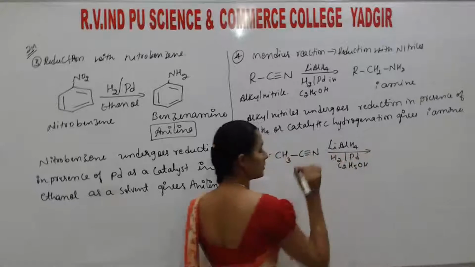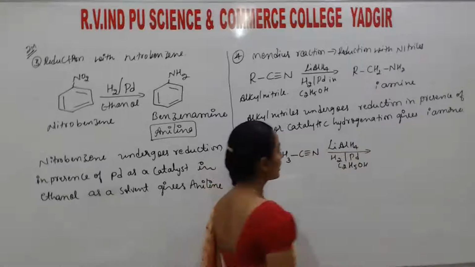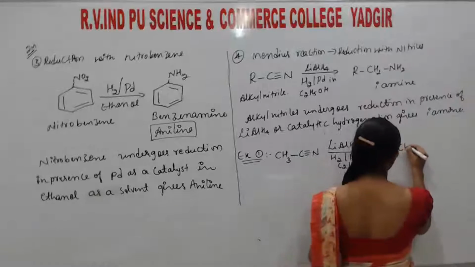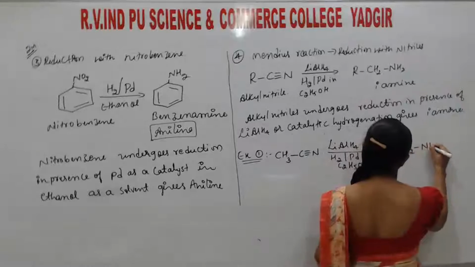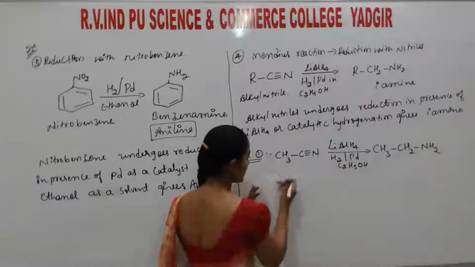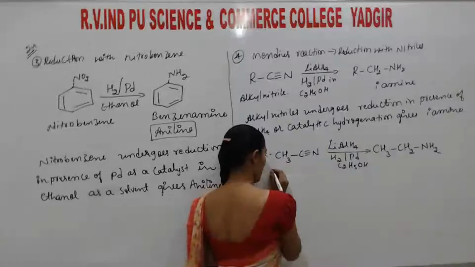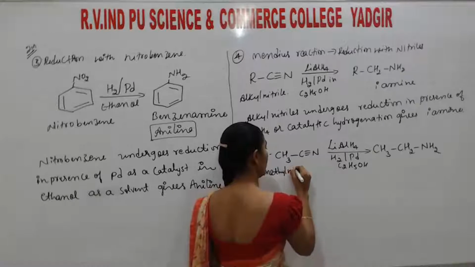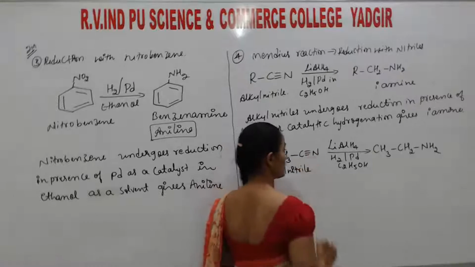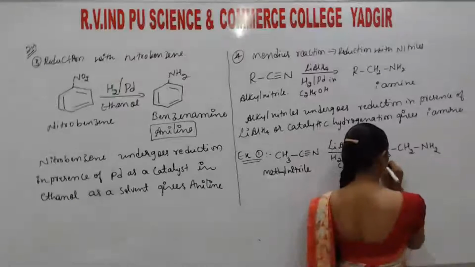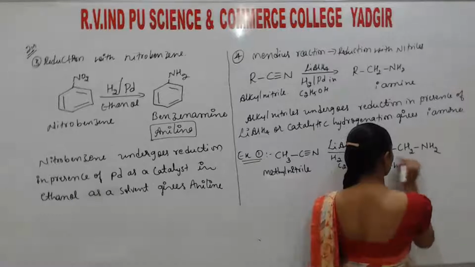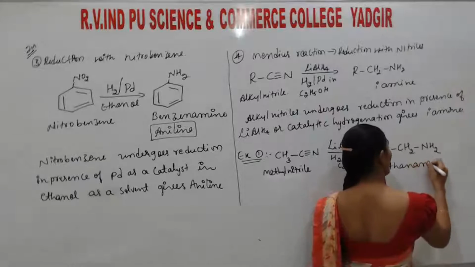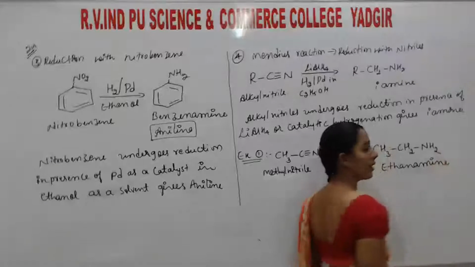This is the catalyst, this is the addition of H2, that is catalytic hydrogenation, giving CH3CH2NH2. So students, this one is alkyl nitrile, meaning methyl nitrile. This one is ethane, the first two carbon atoms, and the last is replaced by the functional group amine, ethanamine.